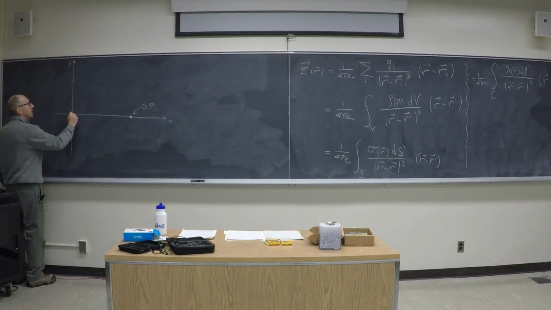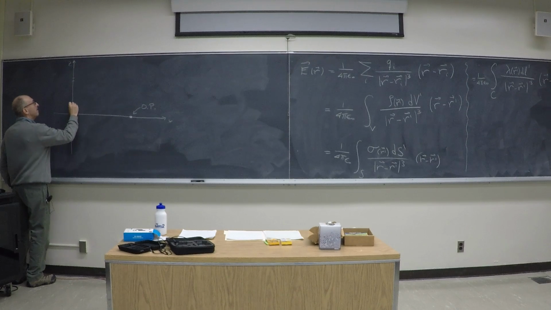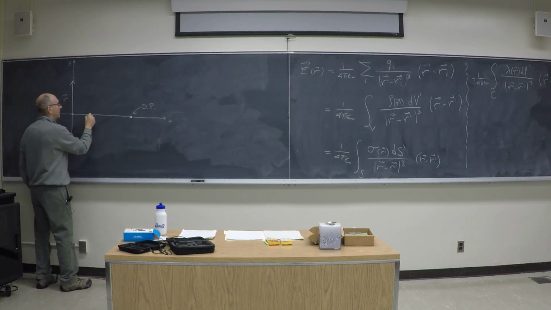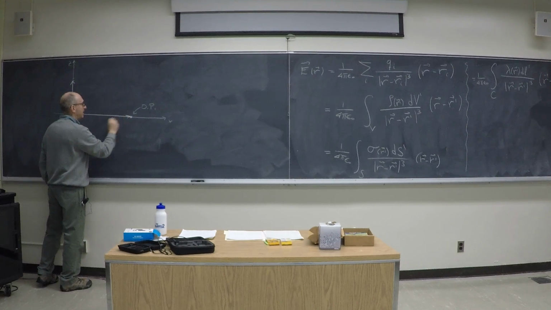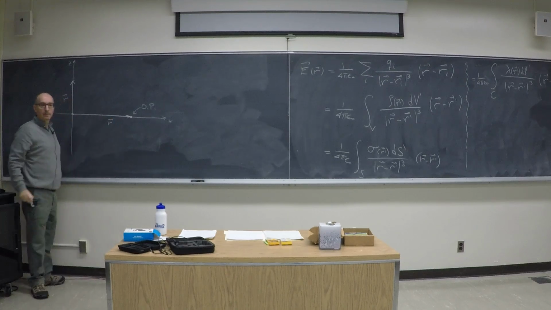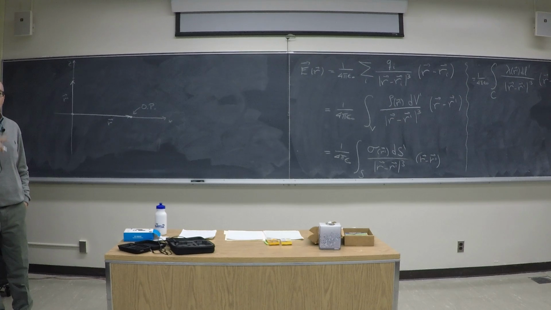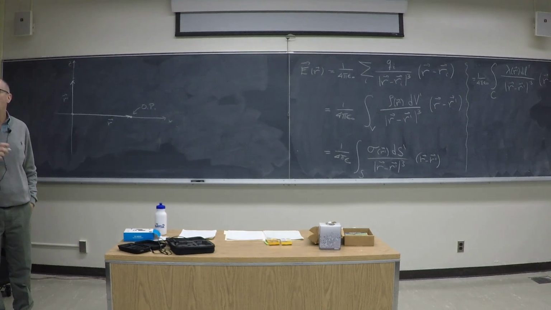So in pictures, this is what I'm talking about: this point over here is r prime, and this point over here is the point r. So all we need to do is to realize where our sources are and where we want to measure. Once we have that, everything is almost done.